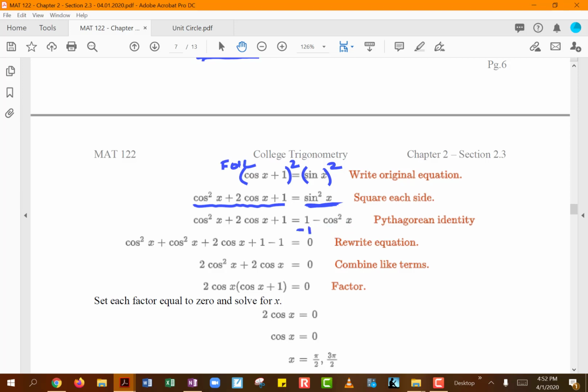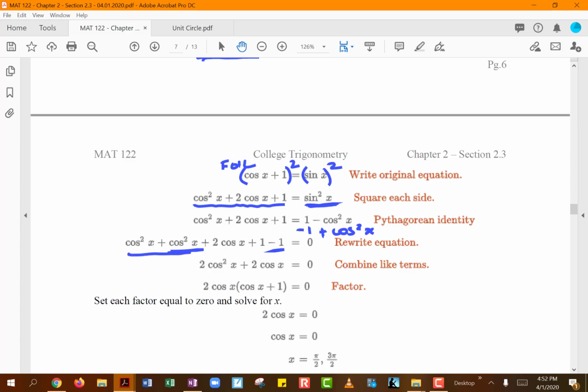So you end up subtracting this 1, adding the cosine squared of x. So that's where this minus 1 is coming from, and this additional cosine squared of x is coming from by moving the right-hand side terms to the left-hand side.